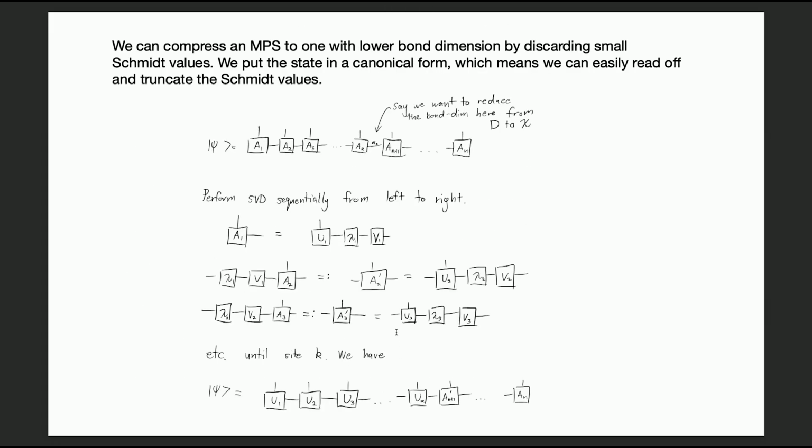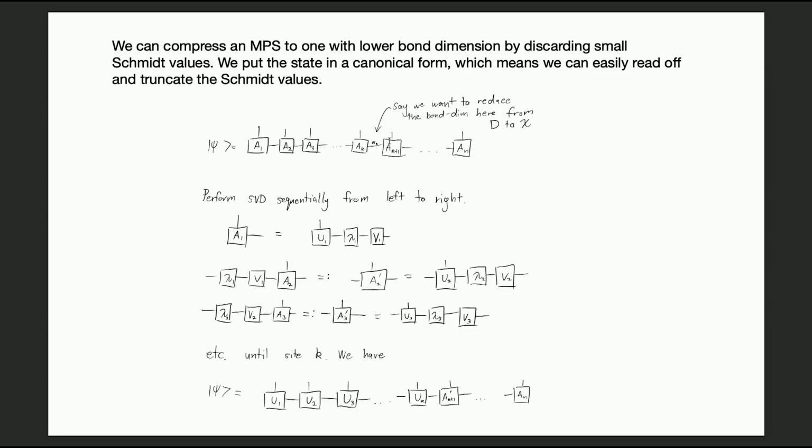Okay, all right, so now I'll try and get through this kind of quickly. I'm going to talk about a very useful algorithm that you can perform using the MPS description of a state, which is called MPS compression. The idea is that you have an MPS with a certain bond dimension, and you want to approximate that by another MPS with a lower bond dimension.